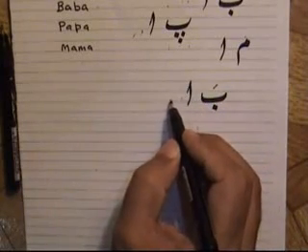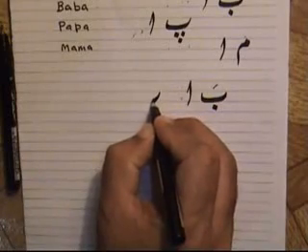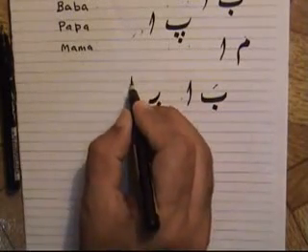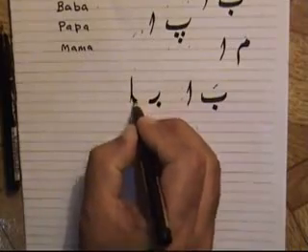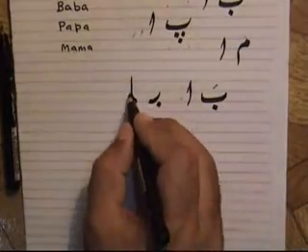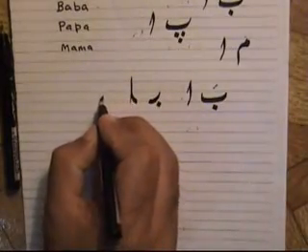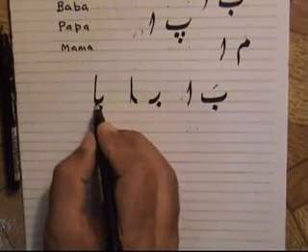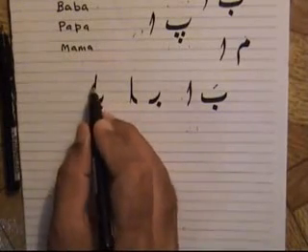Therefore, when we are writing Baba, we will use the initial position of Ba and then the final position of Alif. And when we connect it, we get the script like this: Ba and Alif Ba.